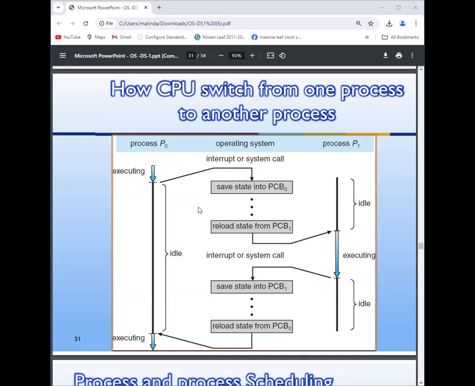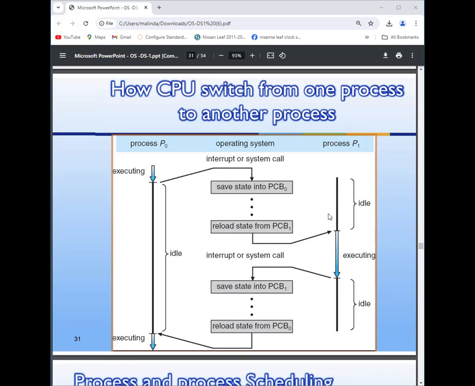After P1 has been running, it may again get a system call saying, okay, your time is up, so you need to give back the CPU to the process P0. Then it will stop and save its current state in PCB 1, then reload the state from PCB 0, which was stored earlier, and it will start running.